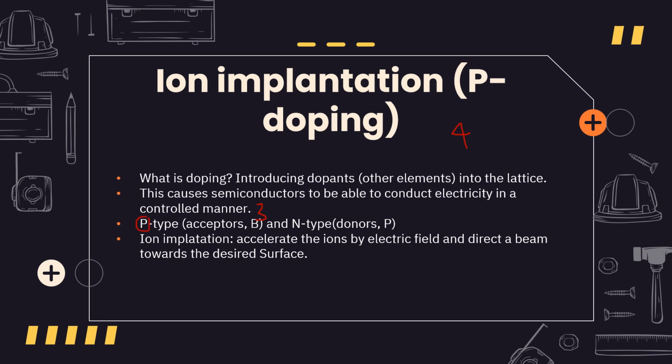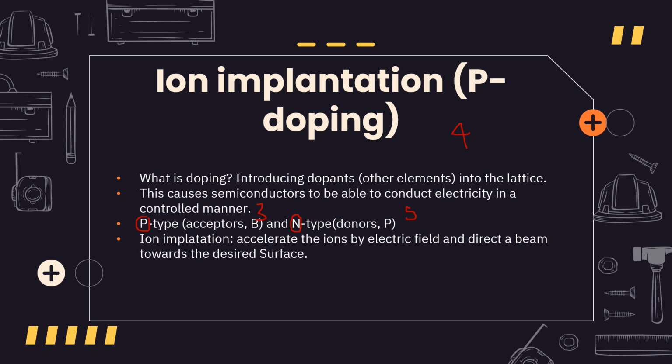And then we also have the n-type. In this case, we're introducing phosphorus, which is an element that has 5 outer shell electrons, and so we are introducing a more negative charge, and that's why it's n-type, or standing for negative.